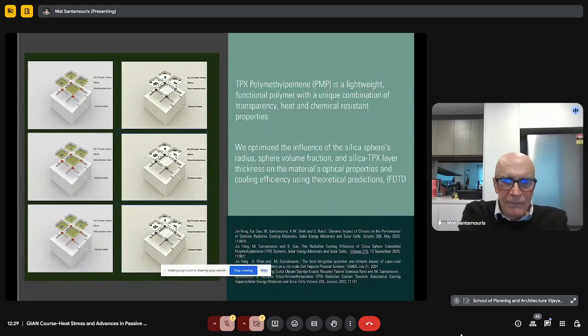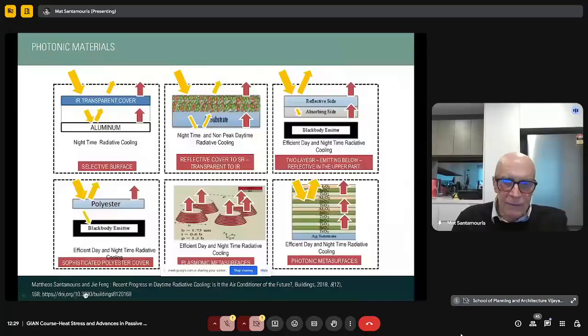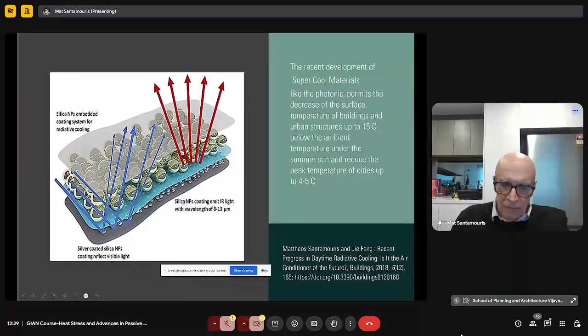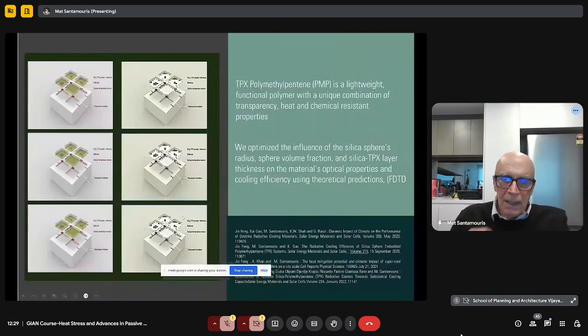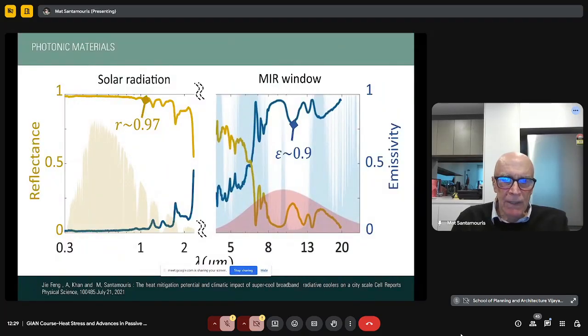I'd like to show you some of the materials we developed here at UNSW 3 to 4 years ago with my students. These were composite materials. It's not so important to show you the chemical composition and how these materials are used. But they had a very high solar reflectance, 97%, and a very high emissivity in the atmospheric window, 0.9.